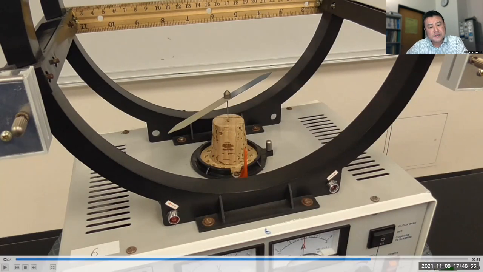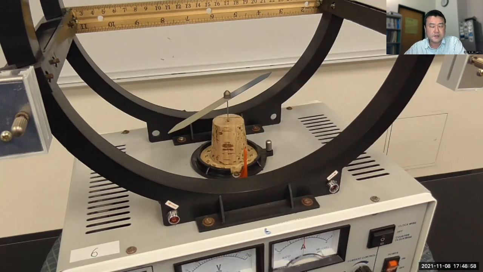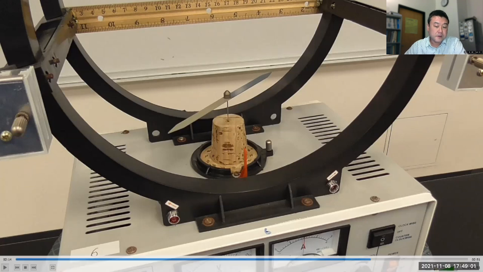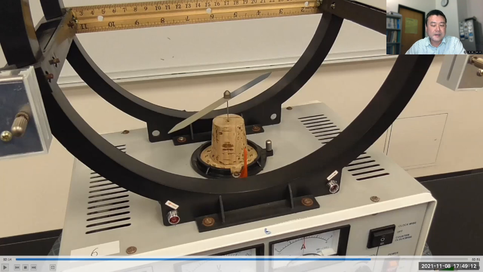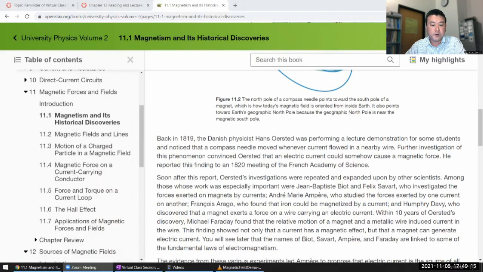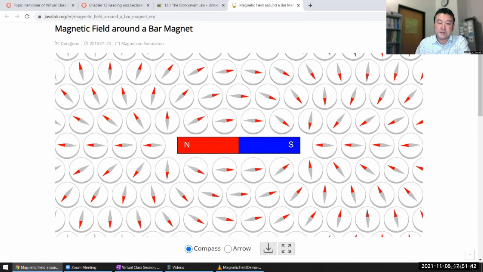And I think a compass needle is useful for visualizing the direction of magnetic field. So we're stepping back a little bit from what we talked about in chapter 11 about the magnetic force being V cross B. I think if we use this intuition for how the direction of compass needle is related to the direction of magnetic field. So this is an illustration of a bar magnet, which I hope you have some sense of familiarity to, and how the direction of the compass gives you a sense of the direction of magnetic field.